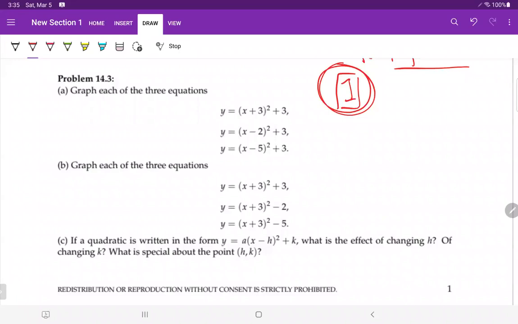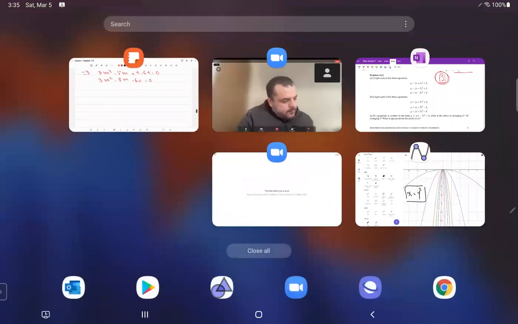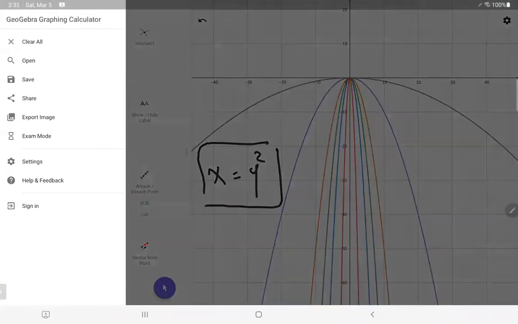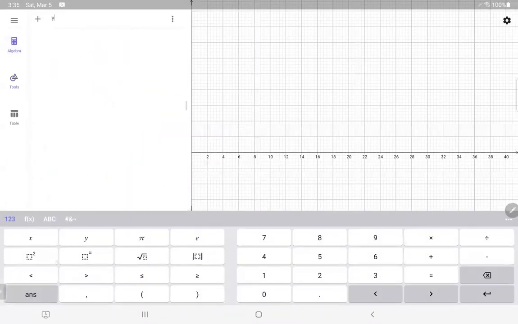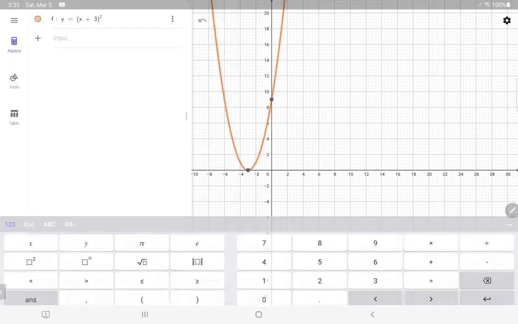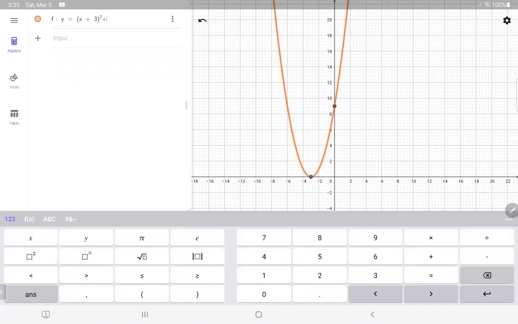So let's first graph the first three: y equals x plus 3 squared plus 3, y equals x minus 2 squared plus 3, y equals x minus 5 squared plus 3. Let's go there. Y equals x plus 3 squared plus 3.